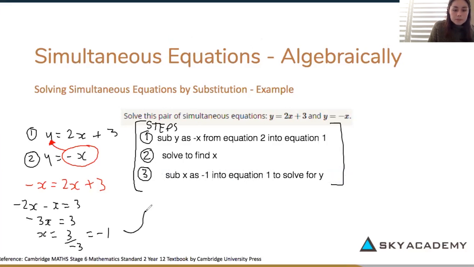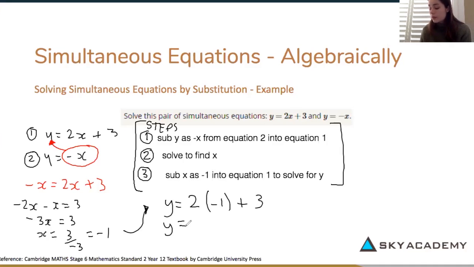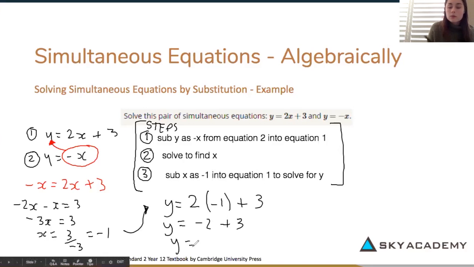If I sub x as -1 into equation 1, y equals 2 times -1 plus 3. So then y equals 2 times -1, which equals -2, plus 3. So y then equals -2 plus 3, which just simply equals 1.